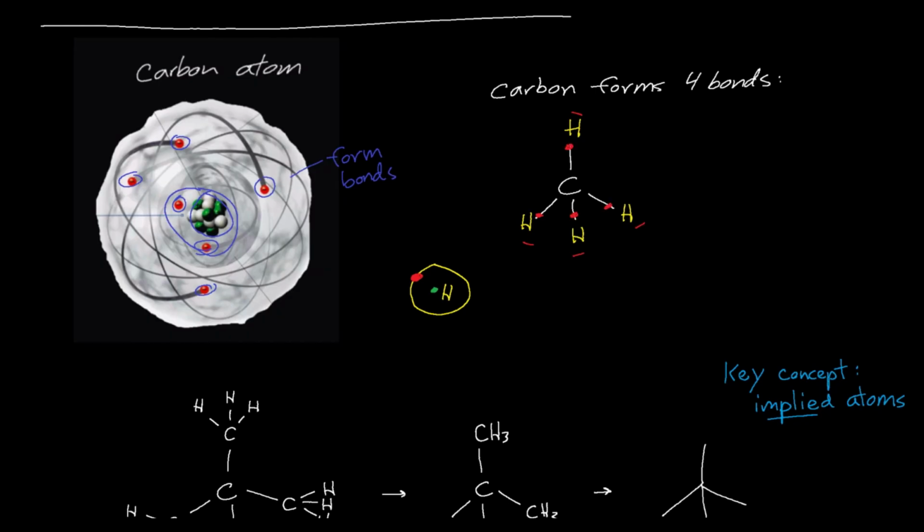The carbon then, as we see on the left, contributes four electrons, one for each of the bonds. Each of these bonds is a covalent bond, which is defined as shared pairs of electrons. Very important to remember that.